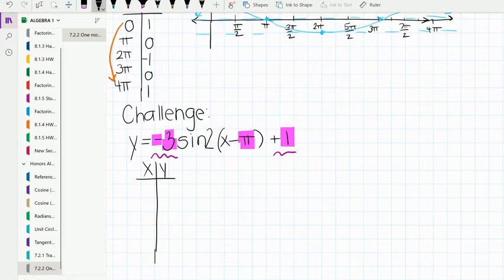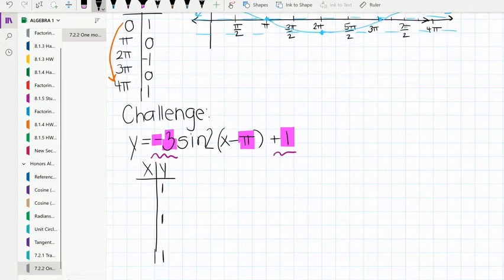And so 1 times -3 is -3, plus 1 would be -2. Oh wait, I'm actually doing the wrong one. We're talking about sine. So 0 times -3 is 0, plus 1 is 1. So this will be 1, the middle one will be 1, and the last one will be 1.